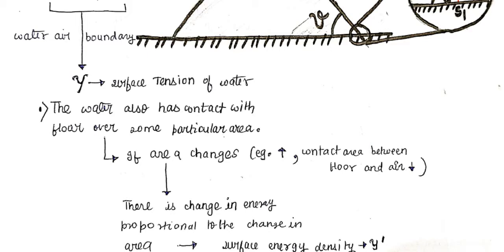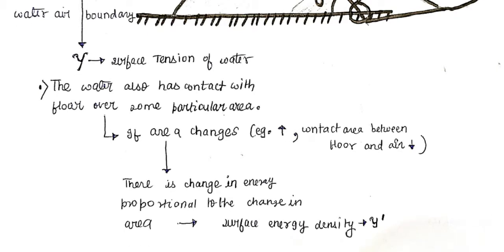If the area changes, there is a change in energy proportional to the change in area, with a surface energy density that we call gamma dash. Suppose the area of the puddle increases, then the area of contact between the floor and air will surely decrease.